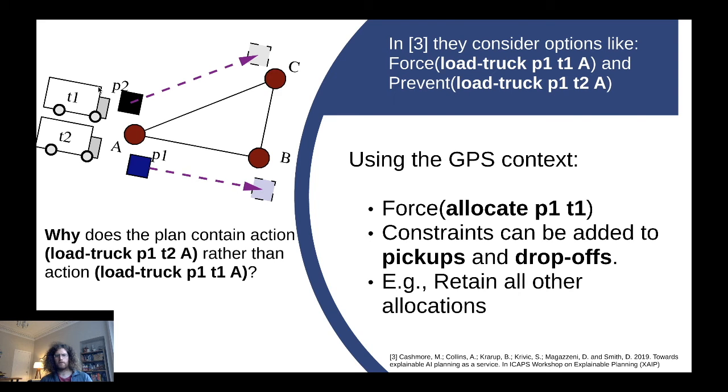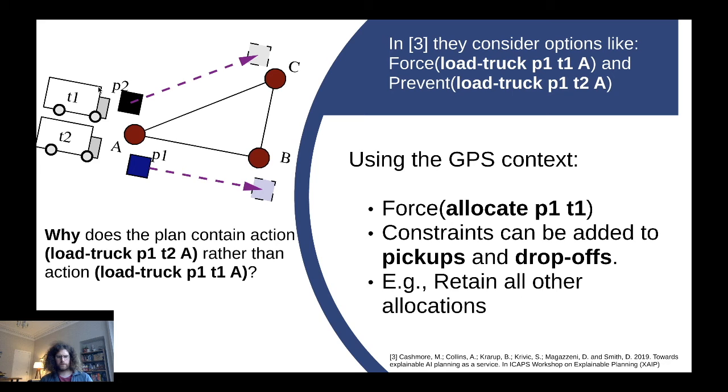In that case, what you're trying to do is add some constraints into your domain and then replan, and that gives you a way to answer the query. So they were adding constraints like force load truck P1 T1A and prevent load truck P1 T2A.